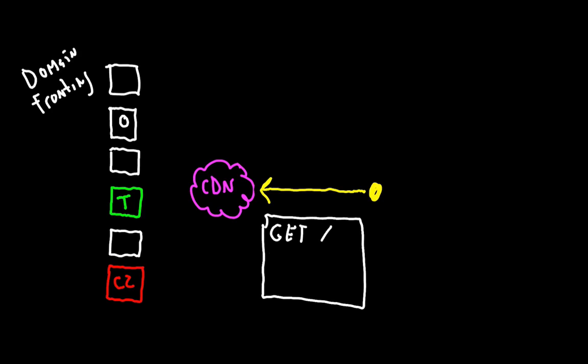And within that request, you have a header, host, and the host happens to contain the intended domain X. Okay? And so what happens is our CDN looks at this value and it uses that value to determine which origin server to pull from if the content it needs to serve is not in its cache.